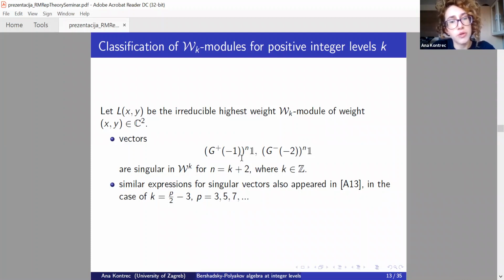And yeah, so we noticed that these are also singular, and computed and proved this via computation.